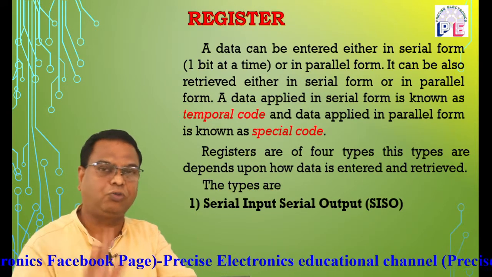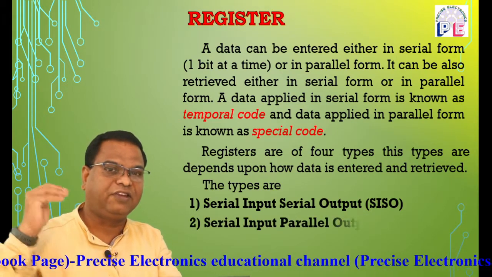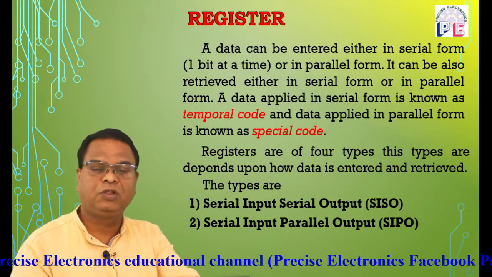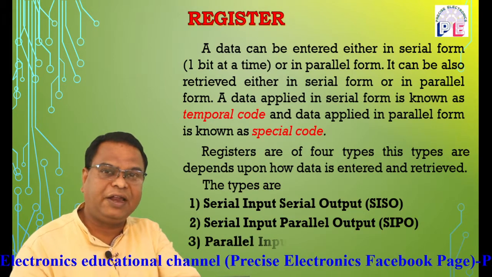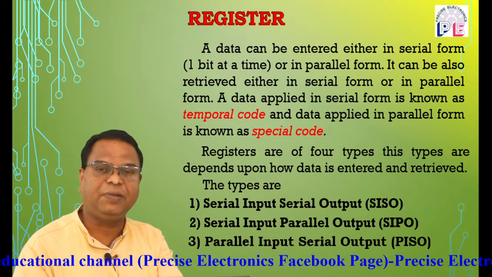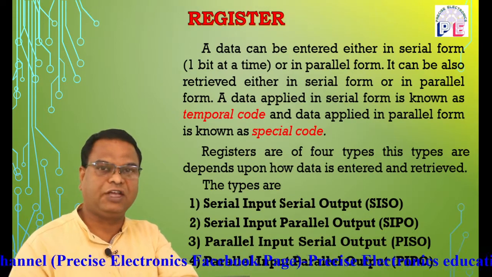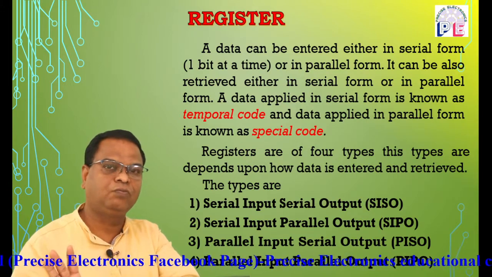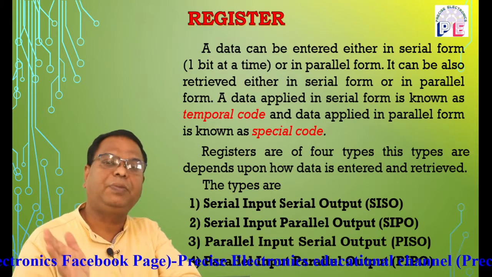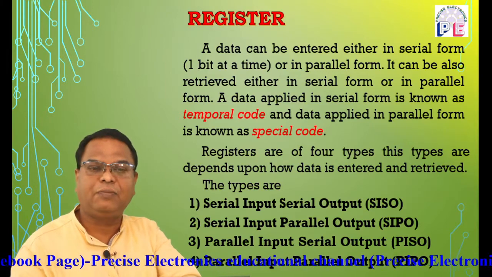Second, serial input, parallel output: the inputs are applied in serial form, but we can retrieve the data at a time. The next type is parallel input, serial output, that is PISO, and the last type is parallel input, parallel output, that is PIPO. So there are four types of register: SISO, SIPO, PISO, and PIPO.